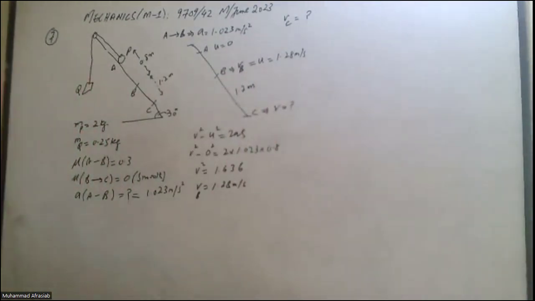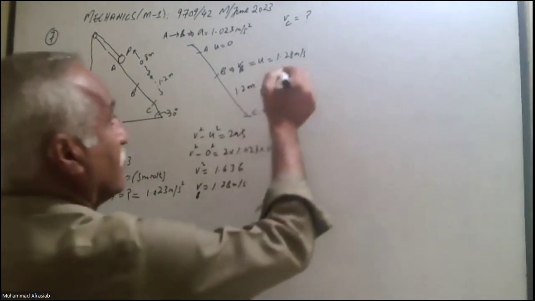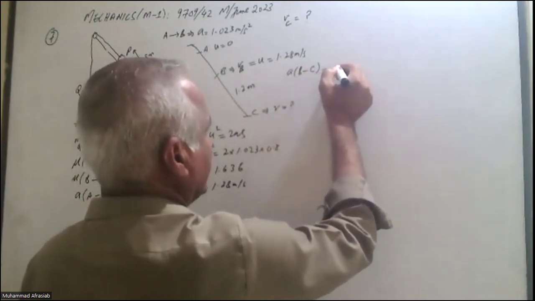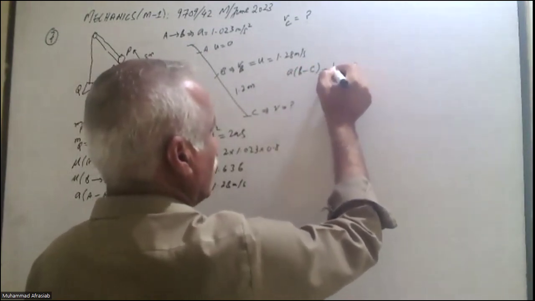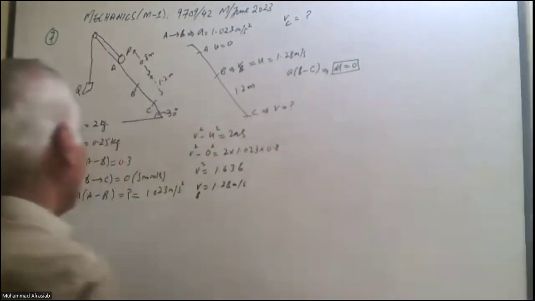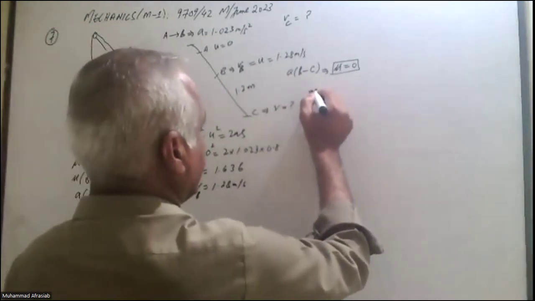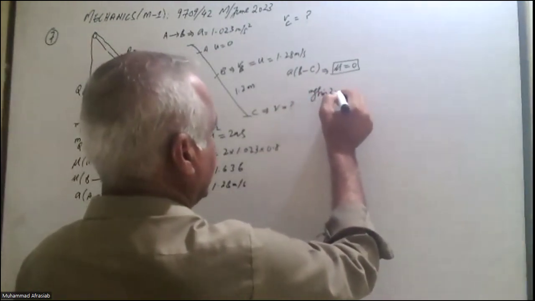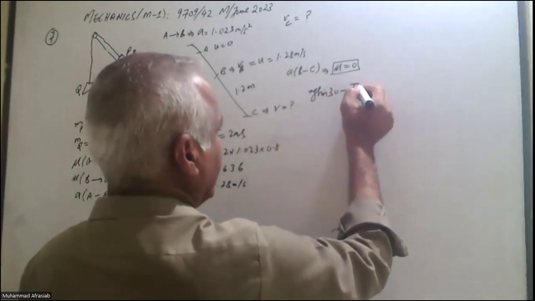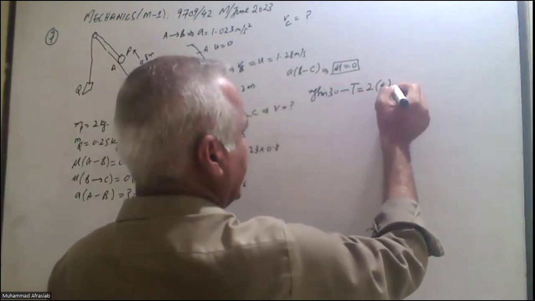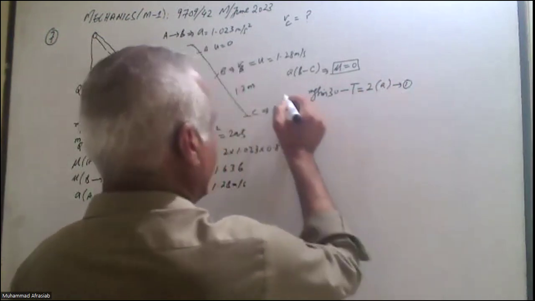Now we need the acceleration from B to C. Because it is a smooth surface, the coefficient of friction is equal to 0. For this particle P, the driving force is mg sine 30 minus tension is equal to the mass of that particle, 2, into acceleration A.